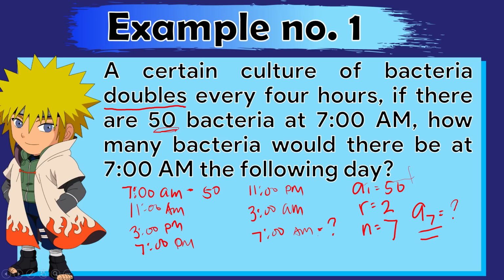Now, let's have the formula. Again, natapos na tayo sa given, tapos na tayo doon sa find. So, next is yung formula. Since geometric sequence nga tayo at ang hinahanap natin is the seventh term. So, lista muna natin nga ulit yung mga given para hindi tayo malito. A sub 1 natin ay 50. Common ratio is 2 kasi nagda-double.